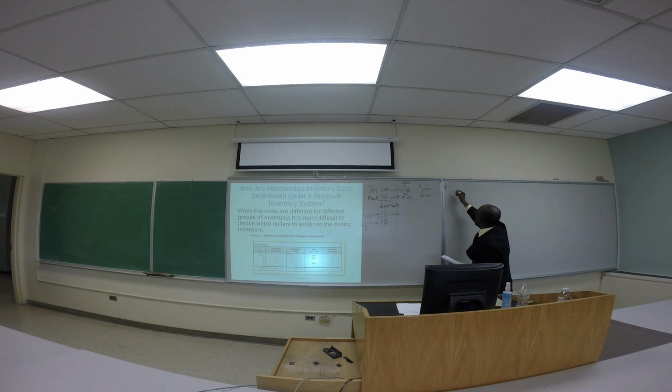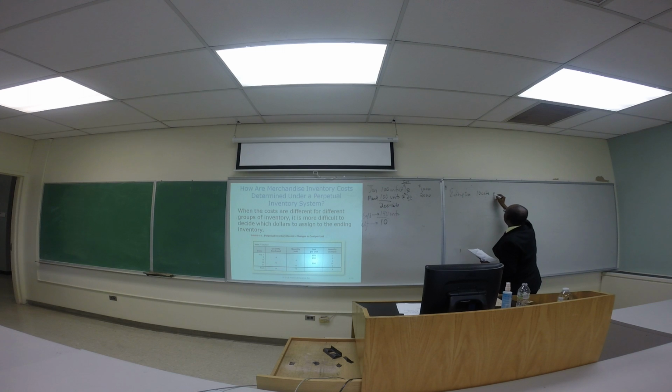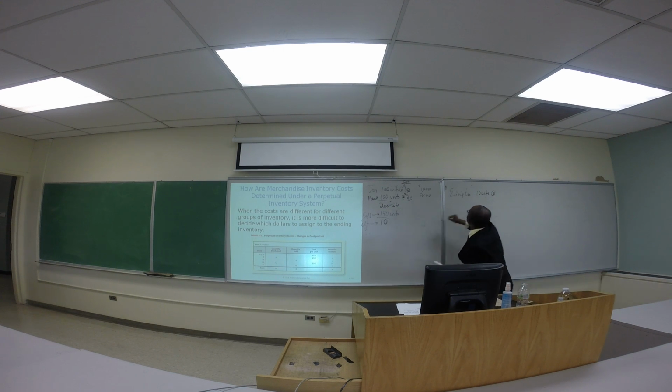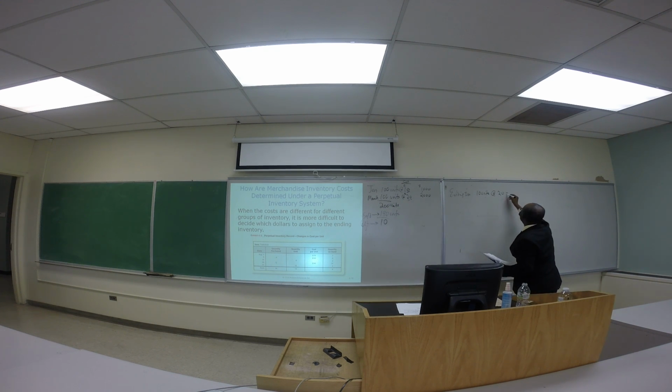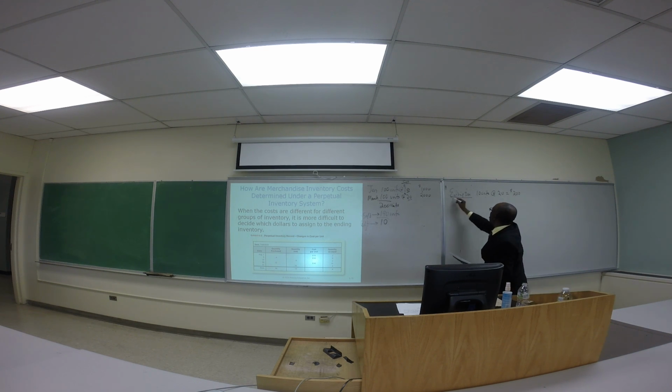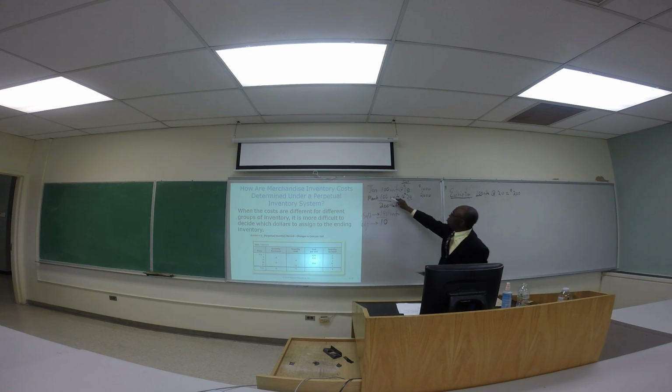So guess what happened? Therefore, the ending inventory in terms of the cost, 10 units left, will be at what? $20. So we now have $200 as the cost of ending inventory, if we assume that the 10 units left came from this batch.